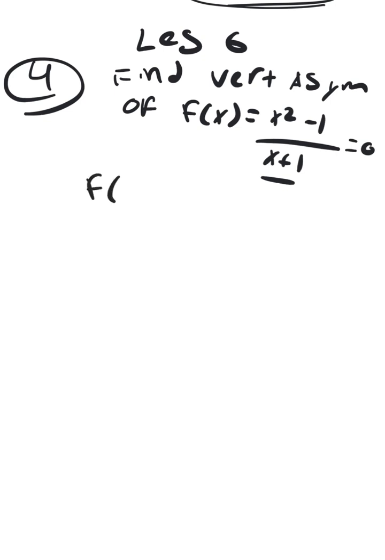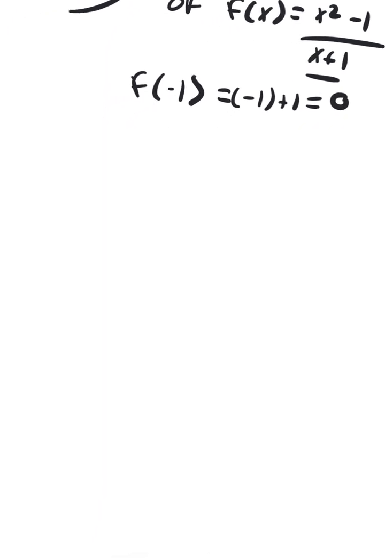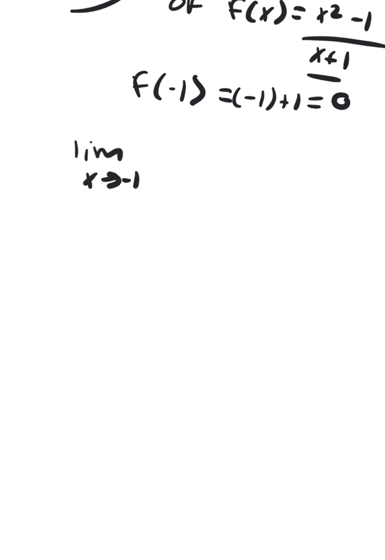We can do this by putting negative 1 as x. However, this is not a vertical asymptote, and let me show you why. If we were to plug in negative 1 into a limit that approaches negative 1 from the left side, we would have this equation here.